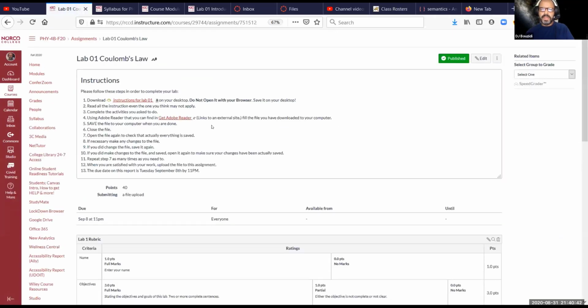Now, this one is actually a link. To get the reader, for some reason the link was broken. So this is where you go and get the reader. Some of you said that when you go to this link, you will find a bunch of other things there. Don't download them, just download the reader. I think that's a good recommendation.